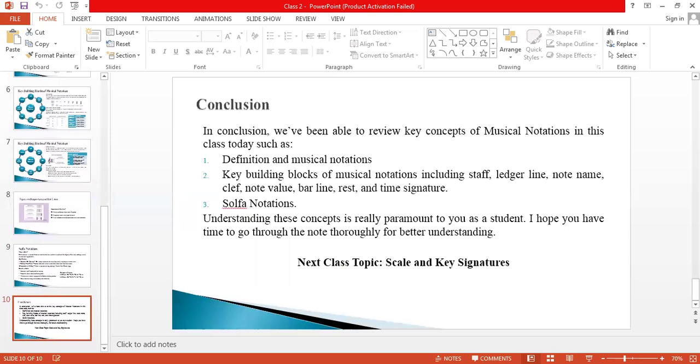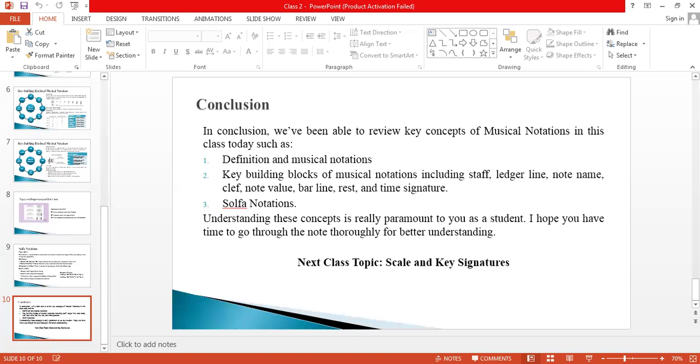In conclusion, we've been able to look into the key concepts of musical notation in the class today. We've looked at the necessary definitions, the key building blocks, and the solfa notation.